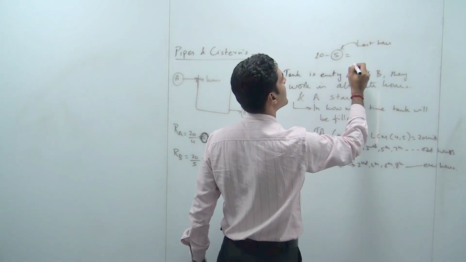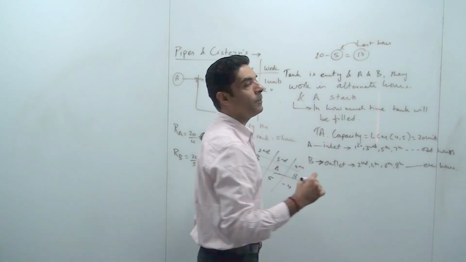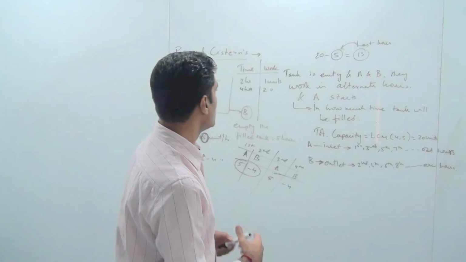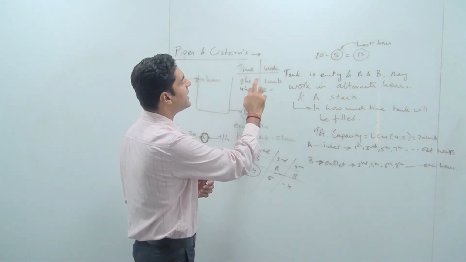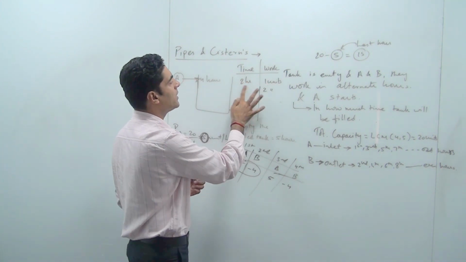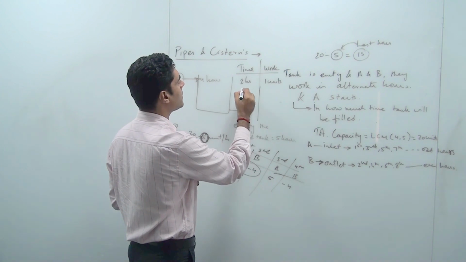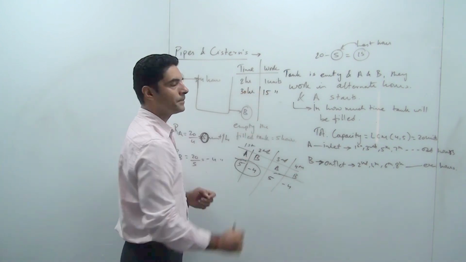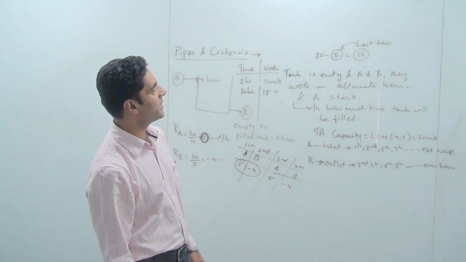5 units will be filled in the last hour. So the remaining 15 will be filled by A and B in alternate hours. When A and B work in alternate hours, they are able to fill 1 unit of the tank in 2 hours. So these 15 units of the tank will be filled in 30 hours. I hope you are understanding this.